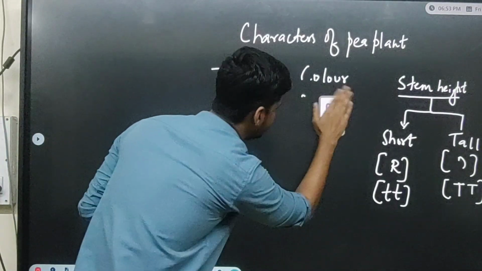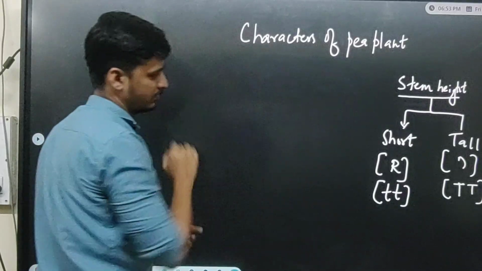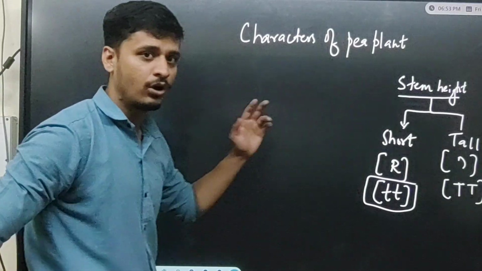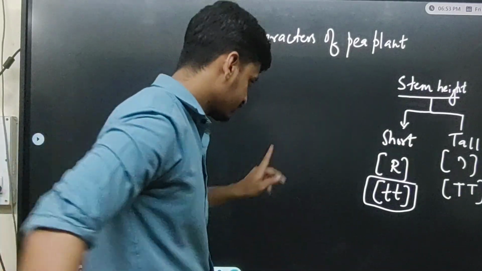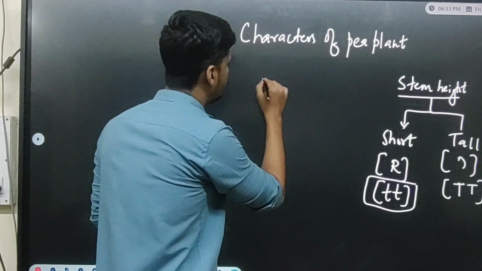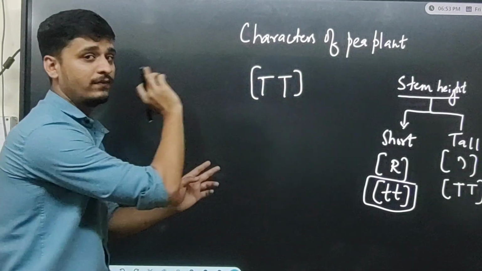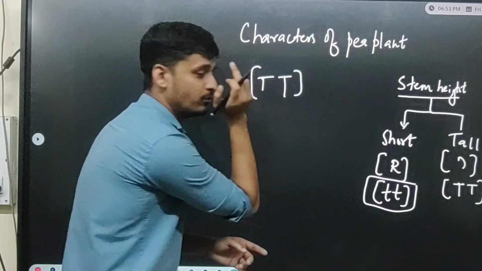So these alleles always occur in pairs, right? This is a pair. So alleles always occur in pairs, and this is allele 1, this is allele 2, right?